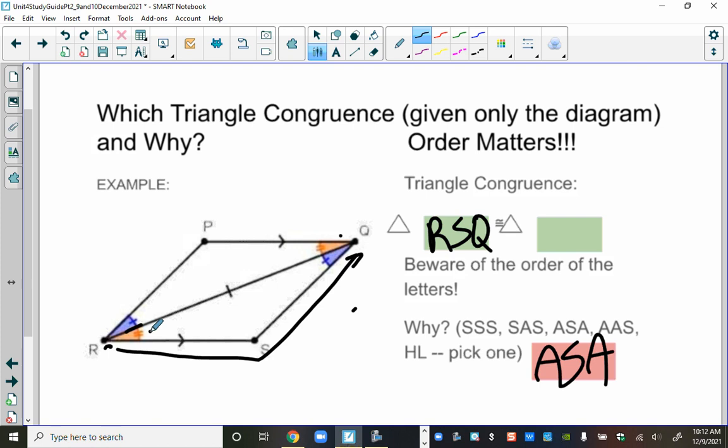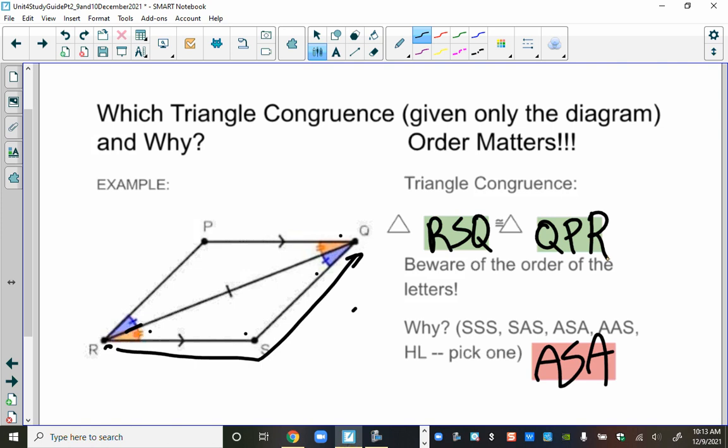So we went from orange, blank, purple. Got to do the same thing. You start at orange, you got to go to the blank, then to the purple. That's okay. Now, but again, do we get the angle side angle from the order of the letters, or do we get it from the diagram? Where do we determine this?